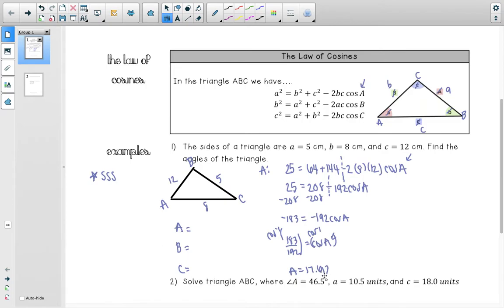Oops, I didn't go 4 decimal places. Let me try it. We're in degree mode, so make sure you have that. So you're doing inverse cosine, so second cosine of 183 divided by 192. And that gets you 17.6124 degrees.